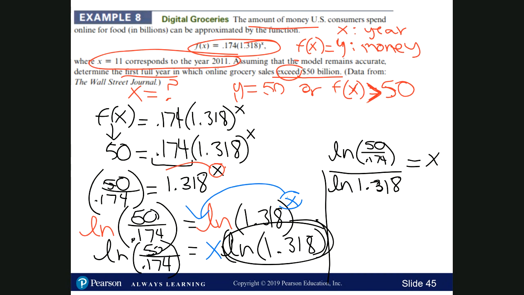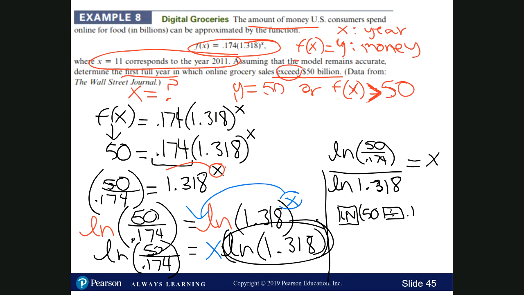Okay, so the way you will enter this on your calculator, natural log of 50 divided by 0.174.